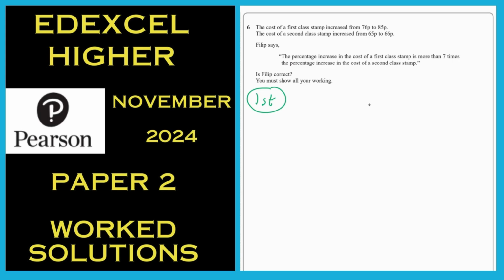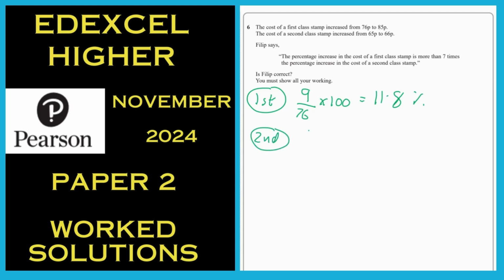The formula for percentage increase is actual increase, which is 9 pence, divided by original amount, which is 76. You times it by 100, and round it off appropriately. 11.8-ish%.